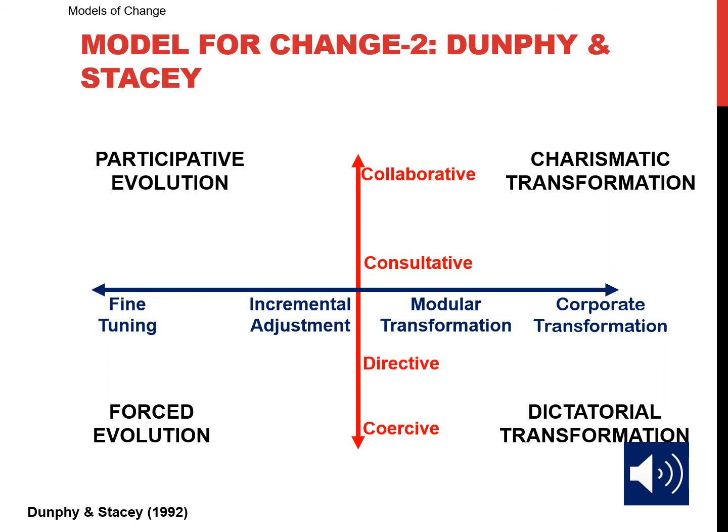So we need to use a more coercive approach. This means that dictatorial transformation is used when the organization is out of fit, when there is no time for extensive participation, and when there is no support within the organization for radical change. But radical change is vital for the survival of the organization.